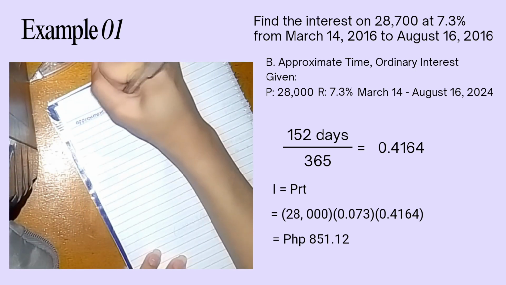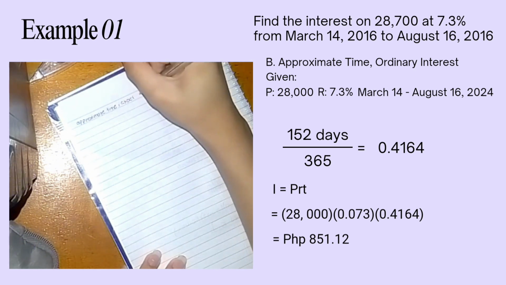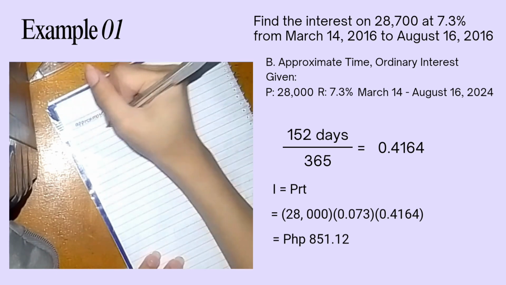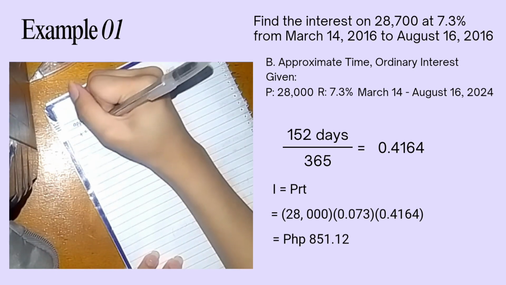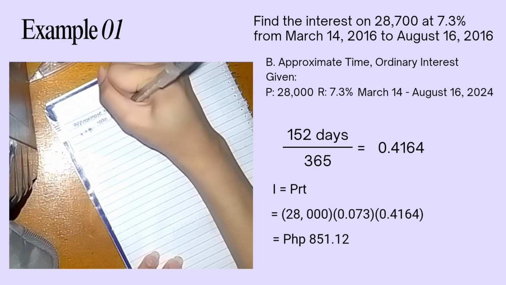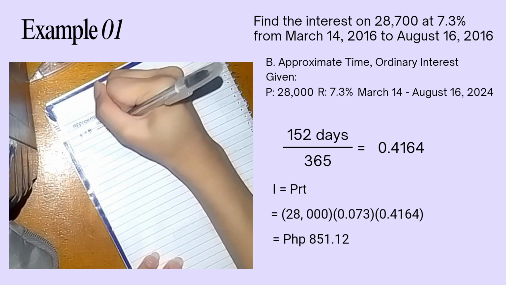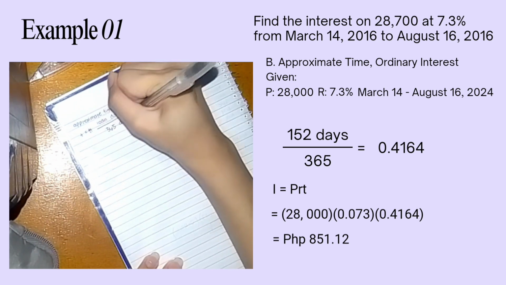Now for time and exact interest. T is equal to the number of loan days divided by exact interest, which is 365 days.